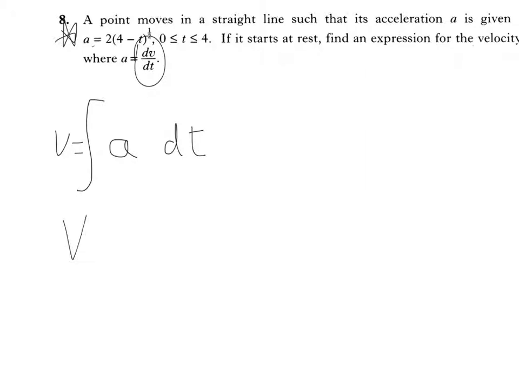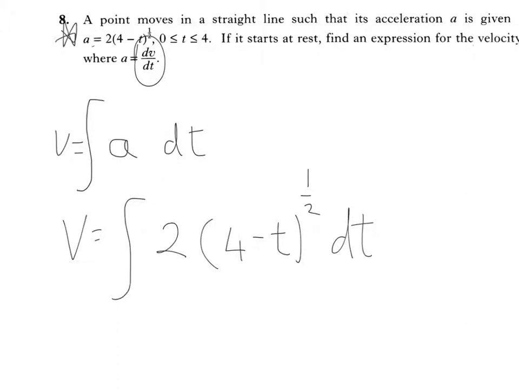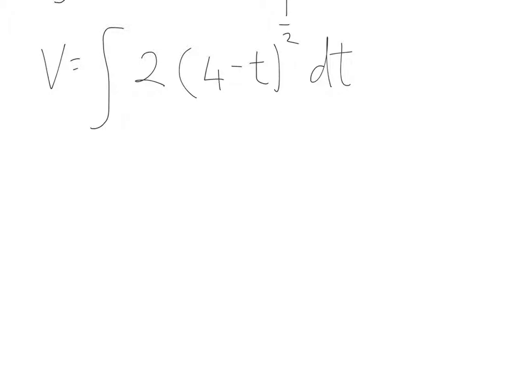So the velocity is equal to the integral of 2 bracket 4 minus t to the power 1/2. So remember, for integrating the bracket, you add 1 onto the power and divide by your new power multiplied by the value in front of the variable, which in this case, as you can see, is minus 1.